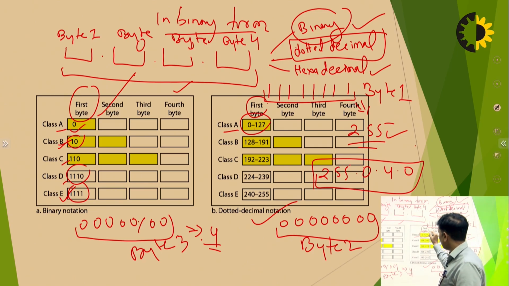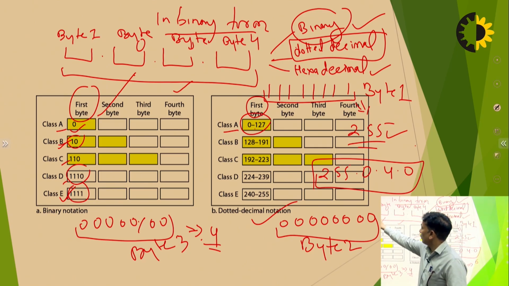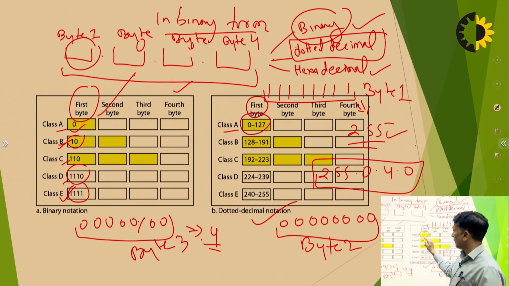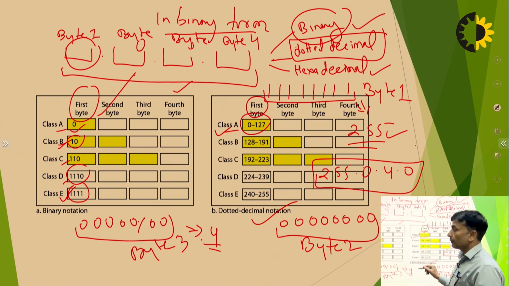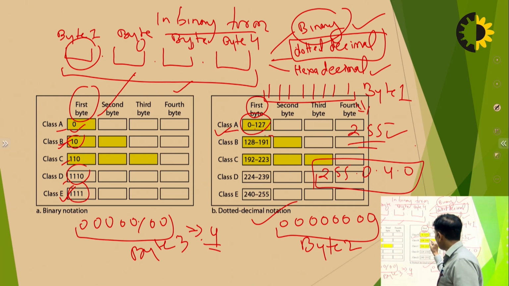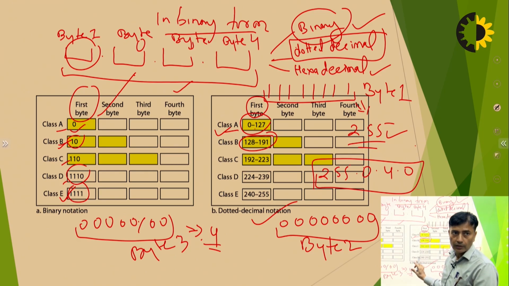If the first byte, before the first dot, is a decimal number between 0 and 127, then that address belongs to class A. Similarly, if the first byte contains a decimal number between 128 and 191, including these numbers, it is a class B address.